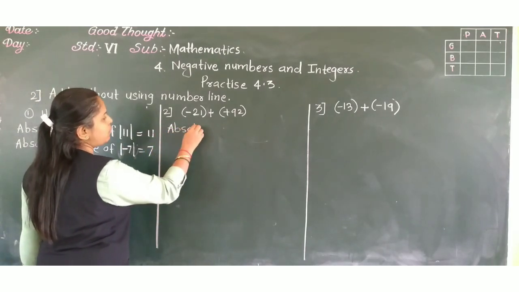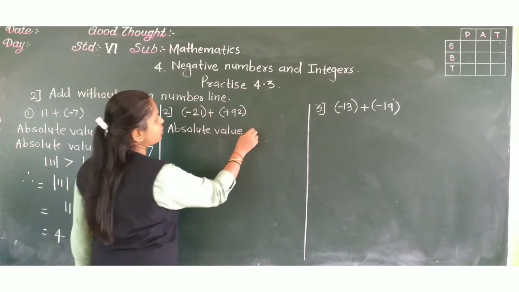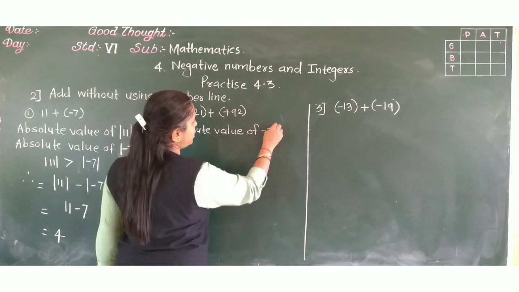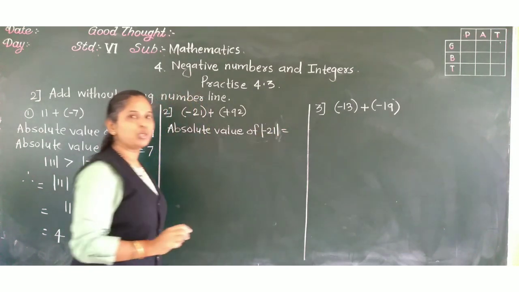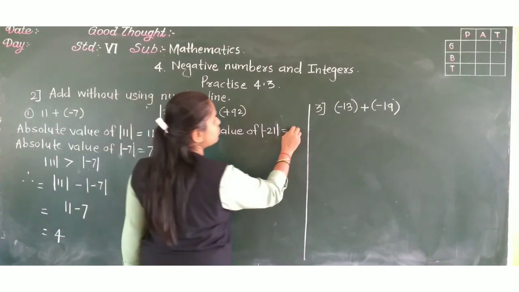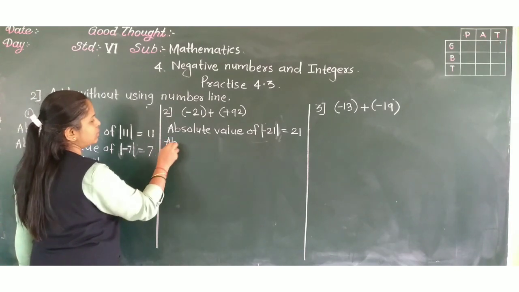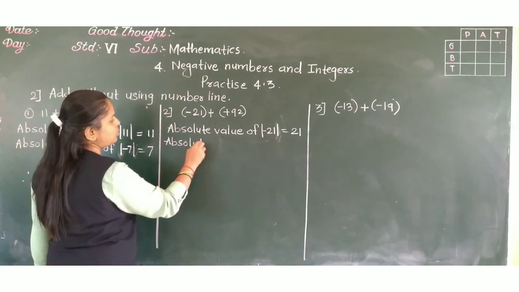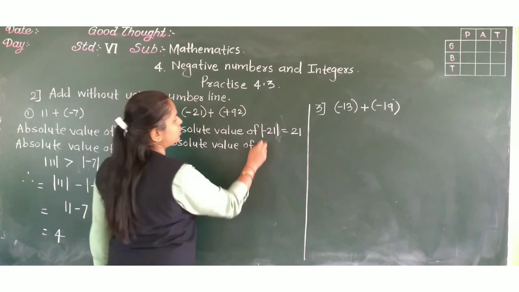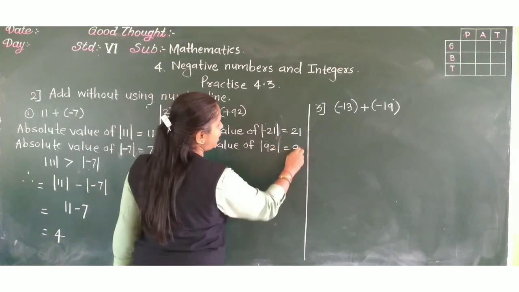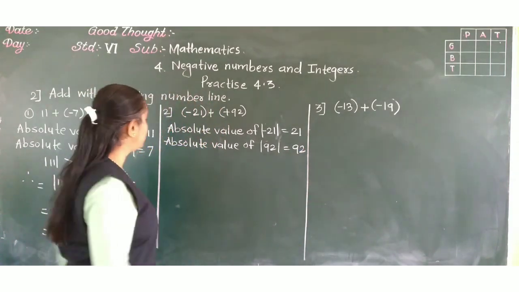So, absolute value of minus 21 is equal to, absolute value is always positive, so it is 21, and absolute value of 92 is 92. Now whose absolute value is greater? 92.